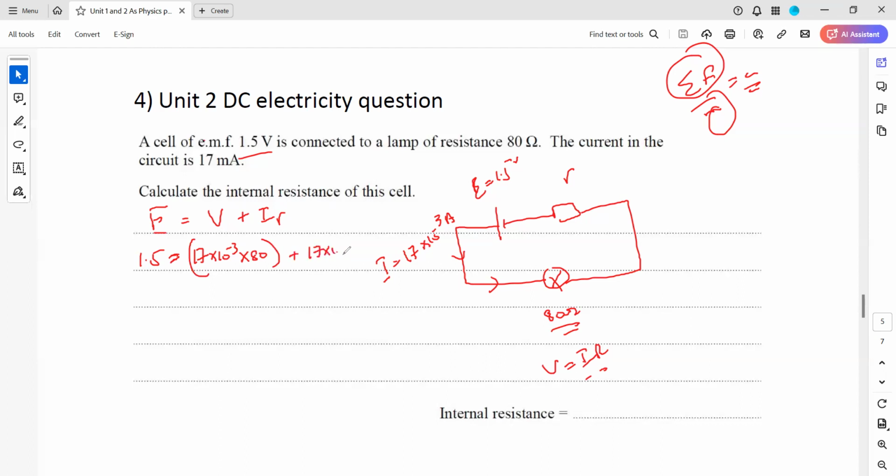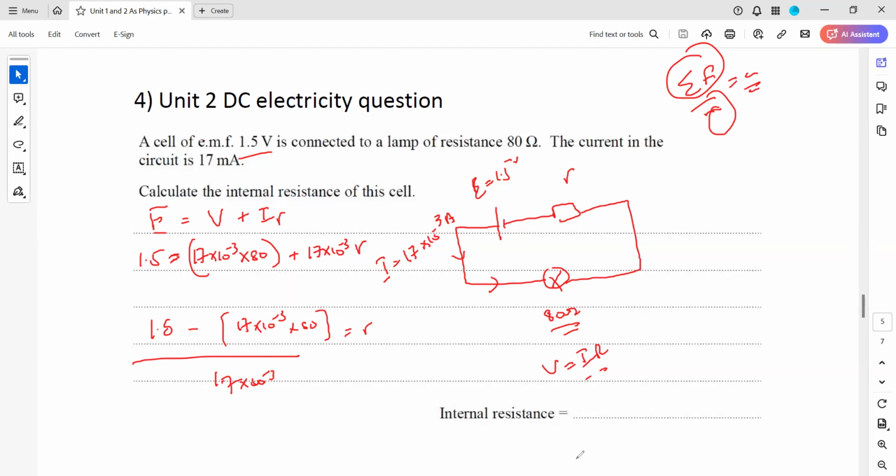Then this is also 17 into 10 to the power minus 3, and the internal resistance we don't know. So this factor will go there, subtract, and then divide. So it will be 1.5 minus 17 into 10 to the power minus 3 times 80, and this divided by 17 into 10 to the power minus 3.